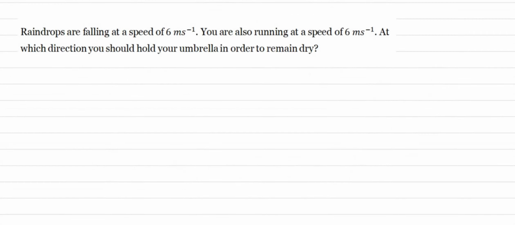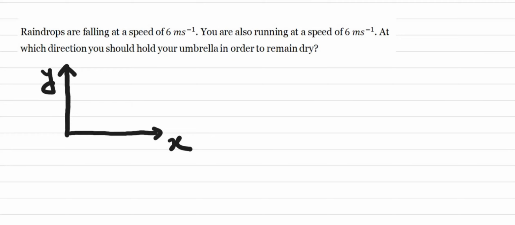The problem is much easier if we set up a coordinate system. We are assuming that you are moving along the x coordinate, so this is x, and the rain is falling in the negative y direction, so this is y, and this is the direction of rain, and this is your motion, u.